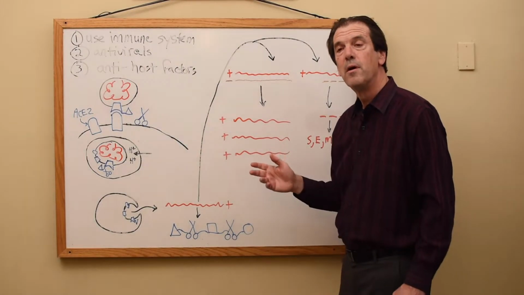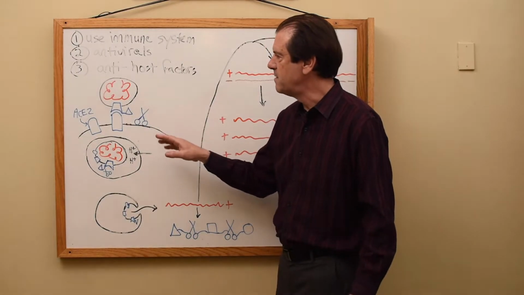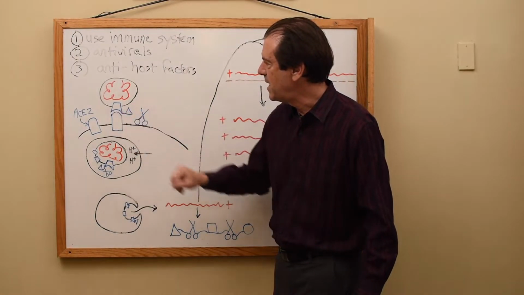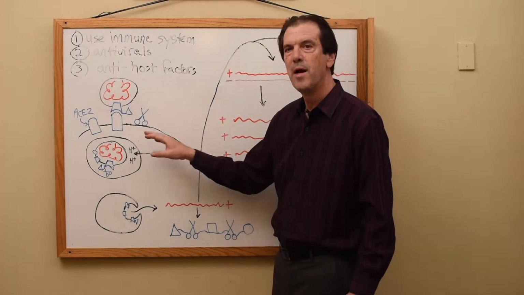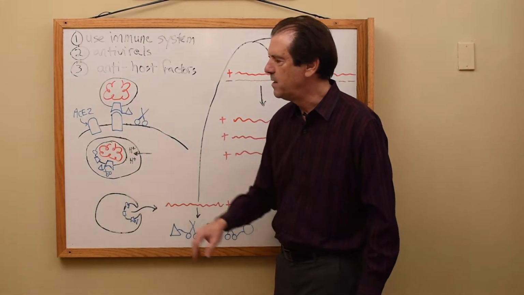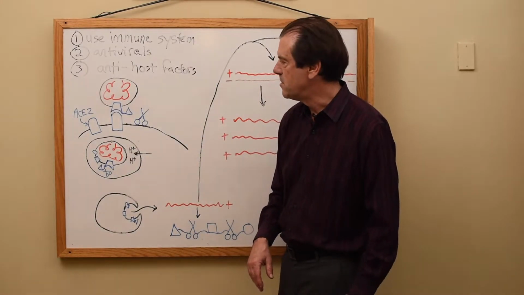So if you remember from an early lecture, for the coronavirus to get into cells, it has to dock onto ACE2, and then it either enters directly through the plasma membrane or it gets incorporated into an endosome and then enters the cytoplasm from the endosome.